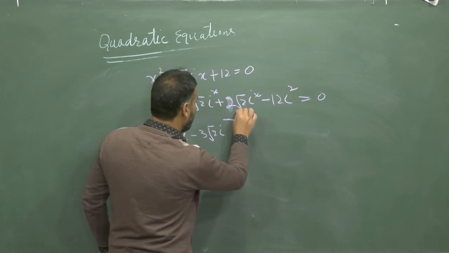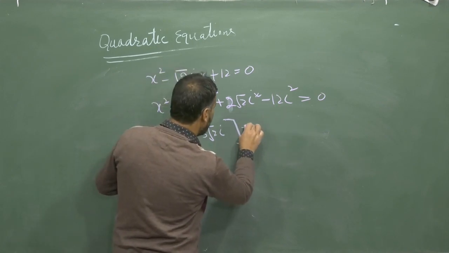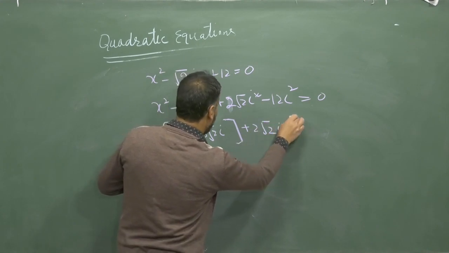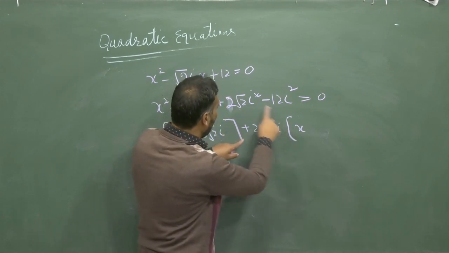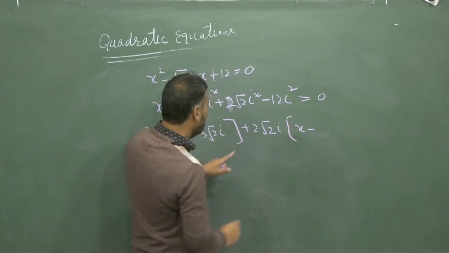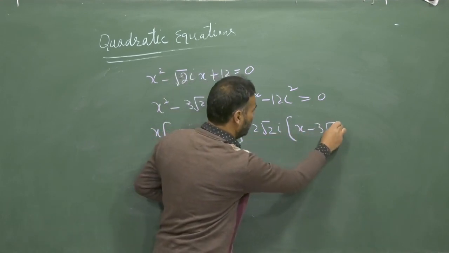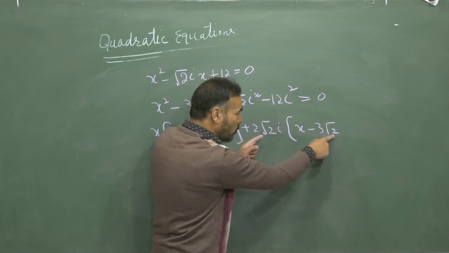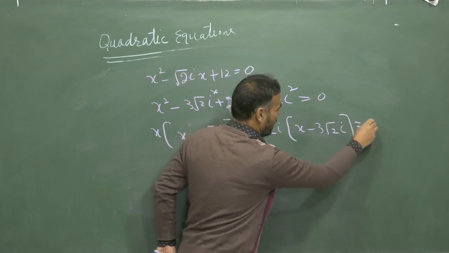Here you can take the common factor 2 root 2 iota, it will be plus 2 root 2 iota x, minus 2 root 2 times 3 root 2. 2 3s are 6, root 2 and root 2 will be 2, 6 2s are 12, iota, that is equal to 0.